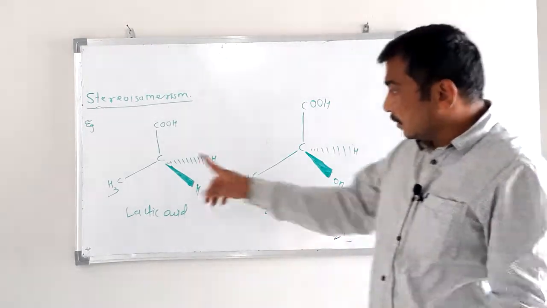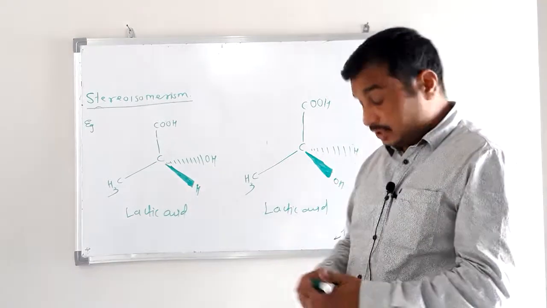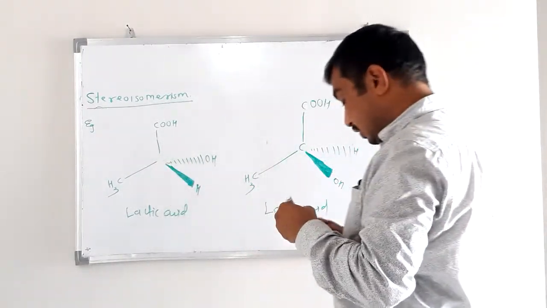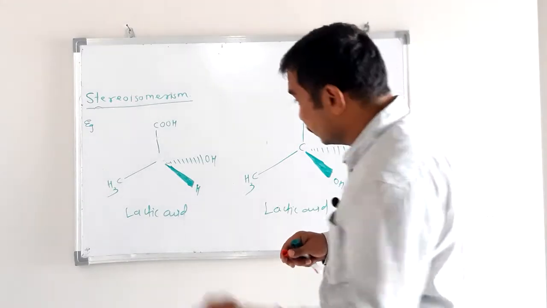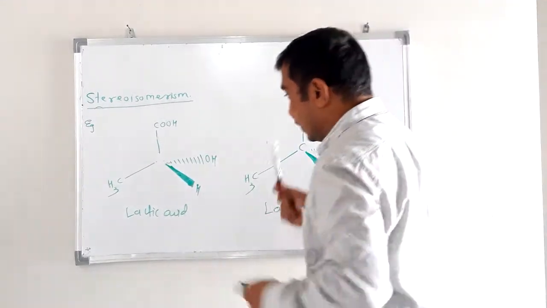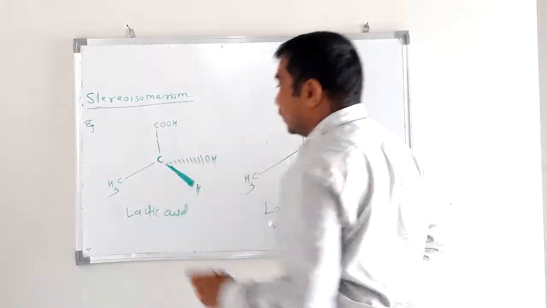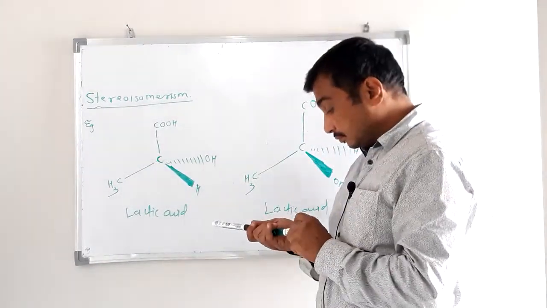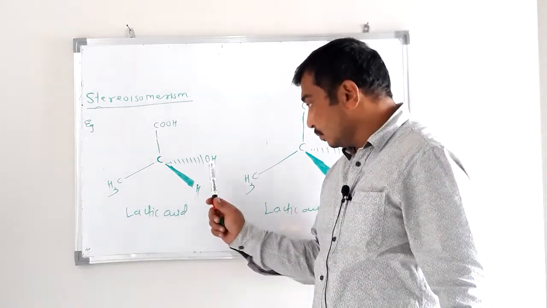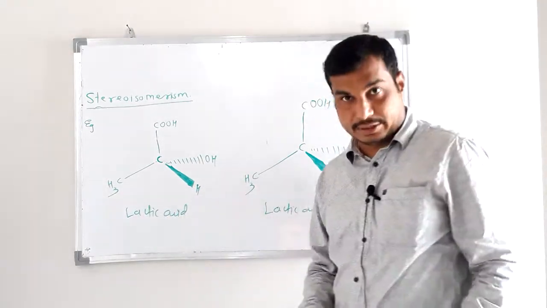See here the tetrahedral central carbon atom. To this carbon atom four different groups are attached: carboxyl group, methyl group, OH group and hydrogen atom.